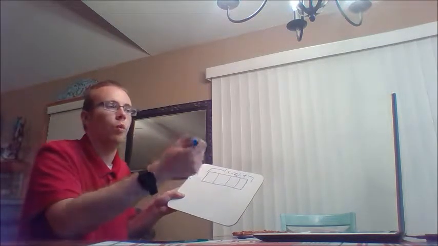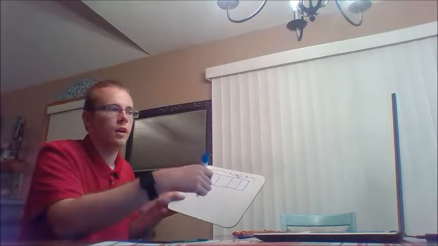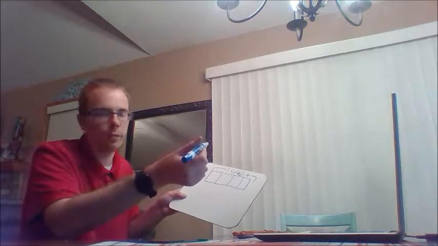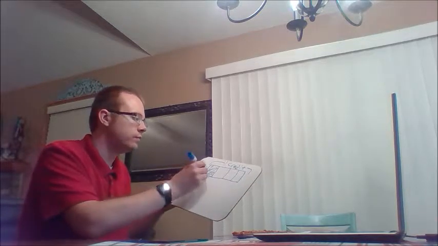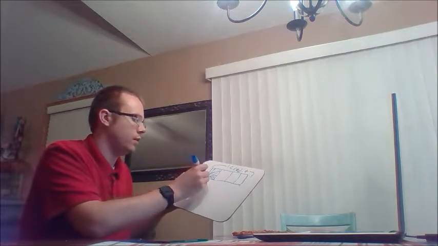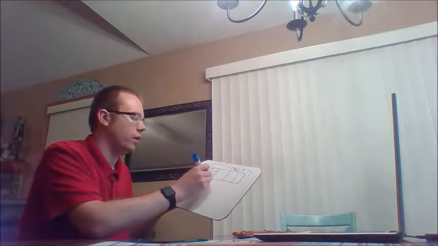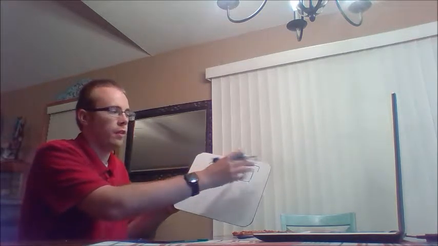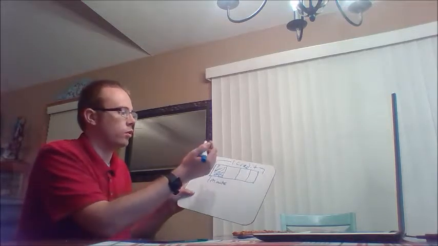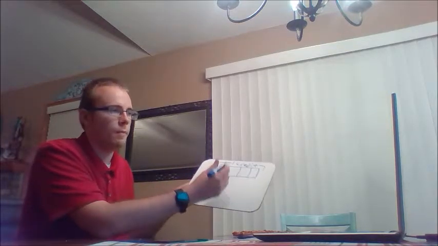And then it says that 1/4 of a credit allows Billy to play for 1 minute. So I'm going to shade it in. And then this equals 1 minute. This 1/4 of the whole thing is going to tell me that 1 minute.